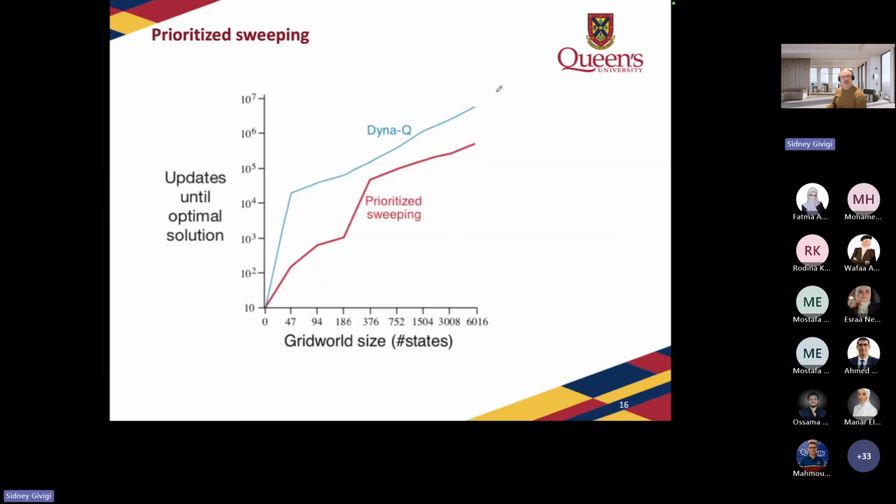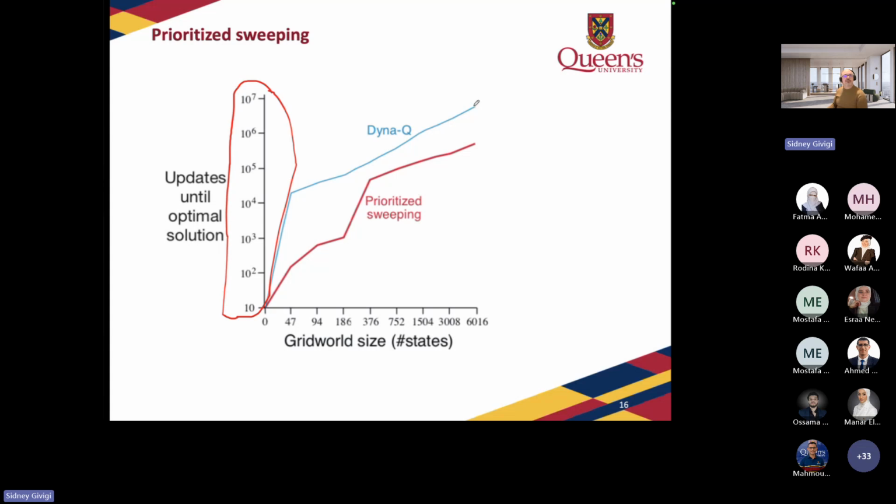One thing that you should observe here is that by using prioritized sweeping, we get big gains compared to DynaQ that is just randomly used, okay? Looking at this, you may think that the difference is small, but observe that the scale here is a logarithmic scale, right? So this is actually a huge difference.